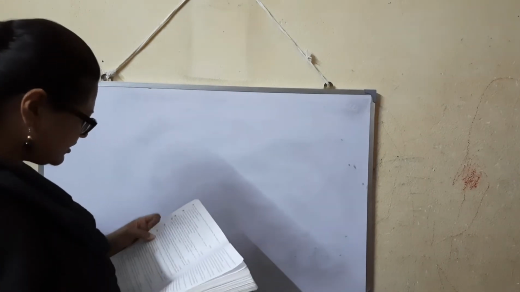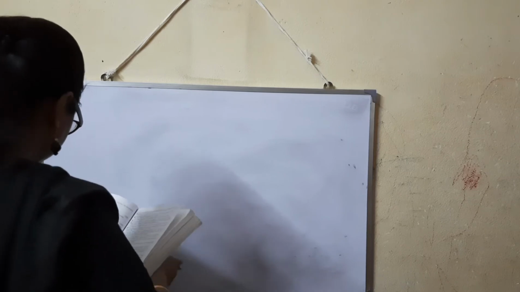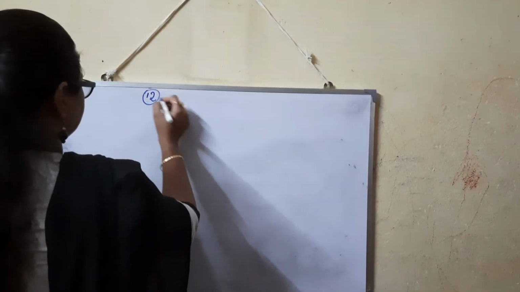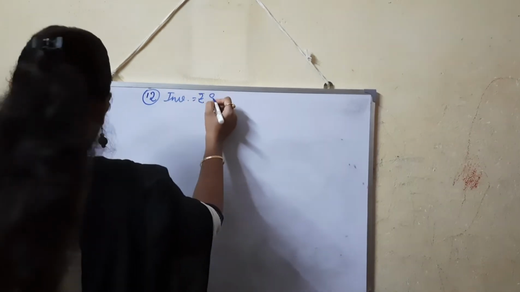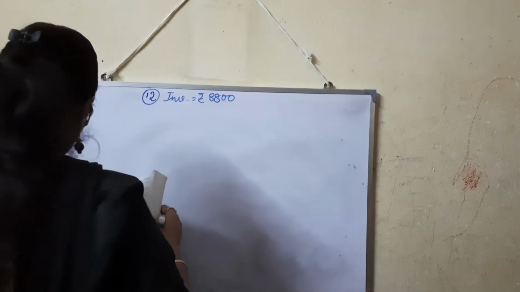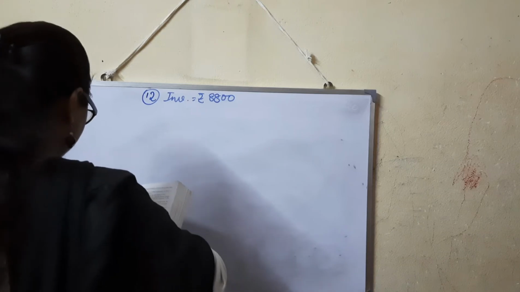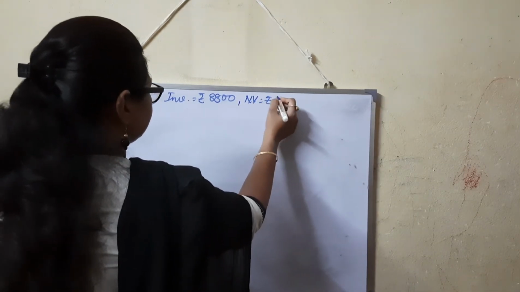I'm going to do sum number 12. They have said a man invests, investment is given now, rupees 8800. A man invests rupees 8800 on buying shares of face value of rupees 100. So nominal value rupees 100.